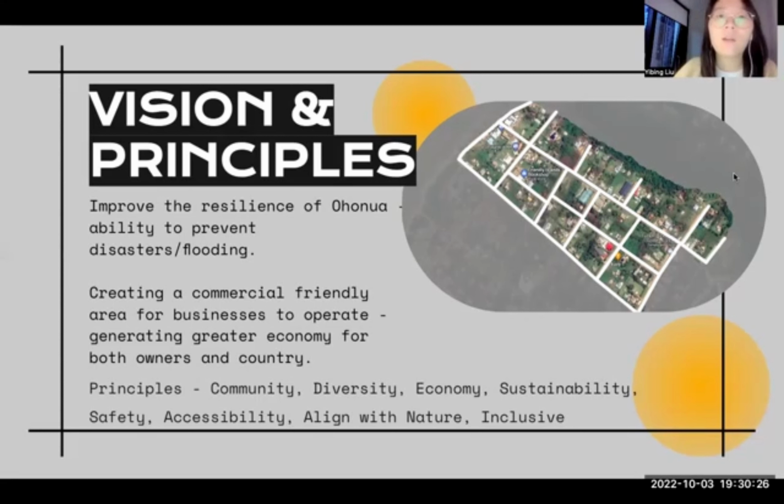So we are also concerned about people and their community environment in the area. By sustainability and aligning with nature, we considered the natural context and green spaces of the site in our design. We also combine safety, which means to protect residents and their properties from disasters.